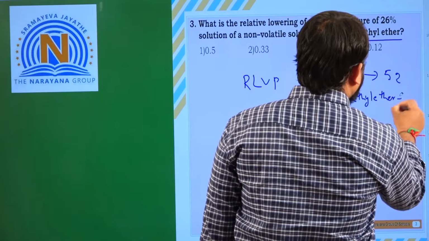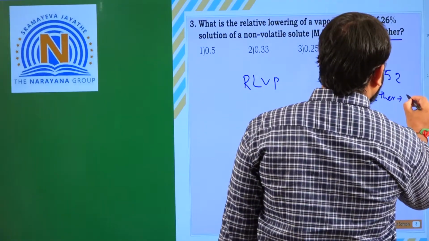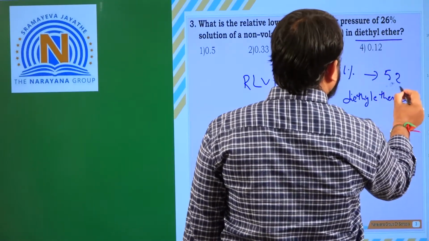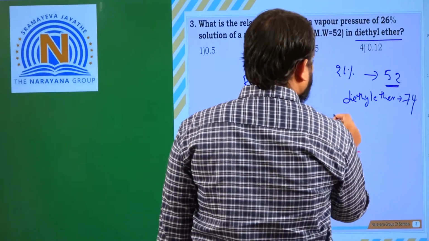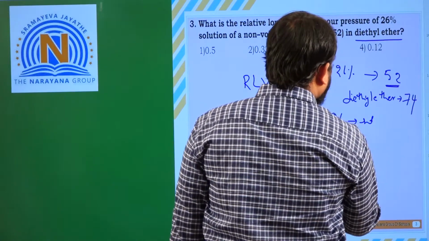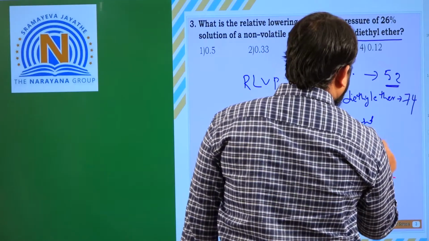The molecular mass of diethyl ether is 74. So the molecular mass of solute is 52, and 26% solution means the remaining 100 minus 26, that is 74, is diethyl ether.